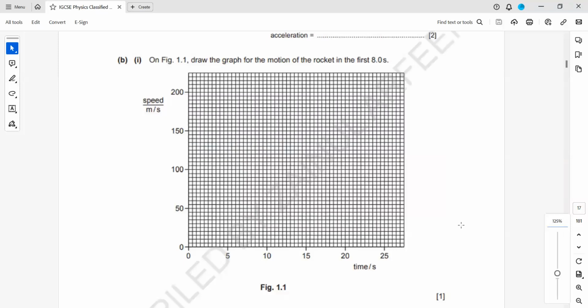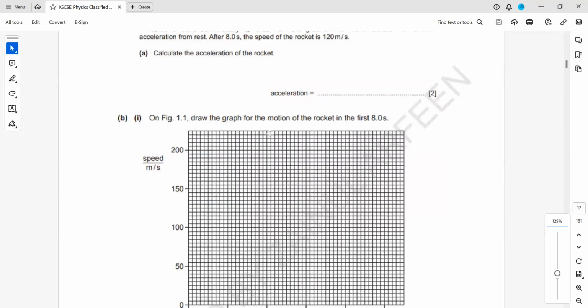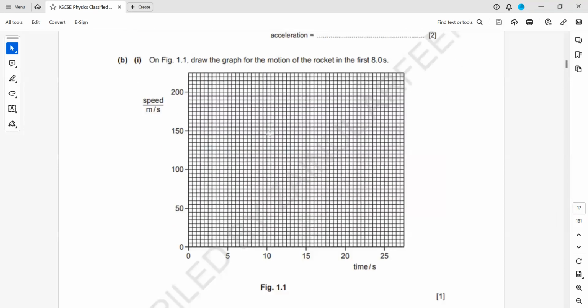Because we have the result that in 8 seconds the speed was 120. On the time axis, 10 boxes equal 5, so each is 0.5. So this one is 9, this one is 8. When the time is 8, the speed is 120. On the y-axis, 10 boxes equal 50, so each represents 5.